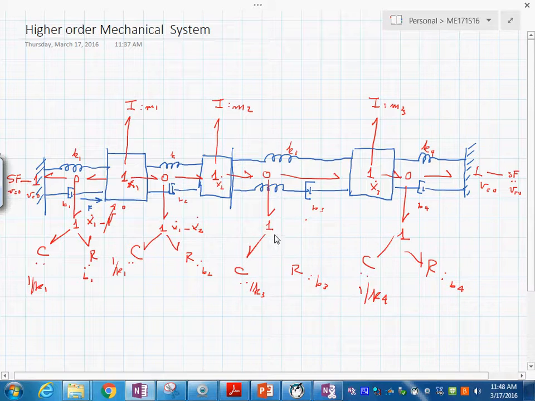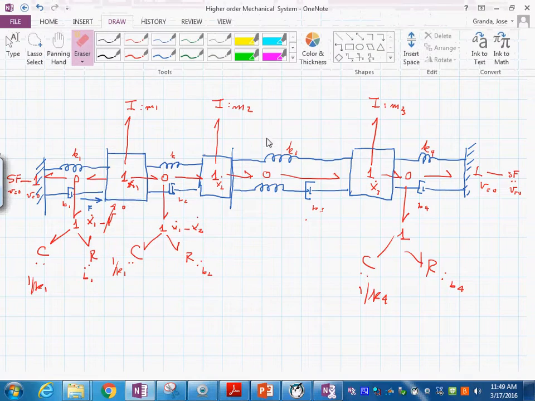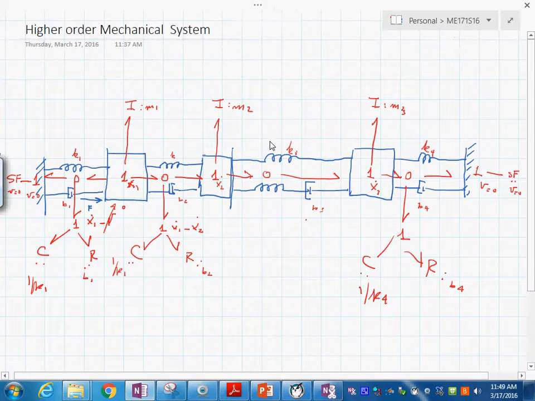This is the C, which is 1 over k sub 3. But in between, these are connected one after the other. So we have another one junction in here to make life a little easier. In fact, I am going to do that.